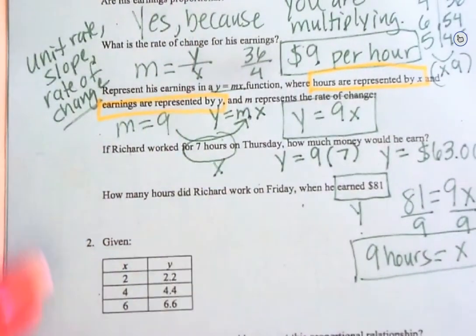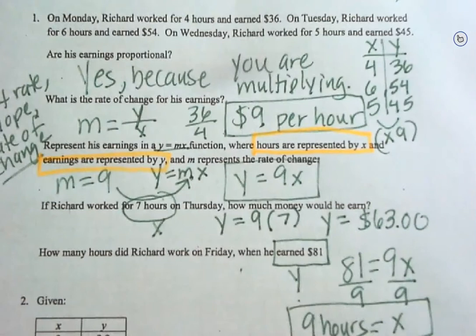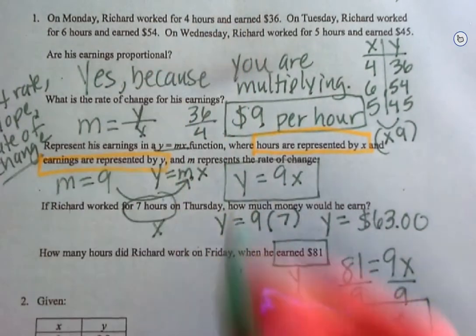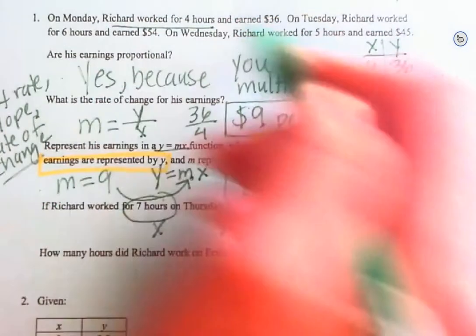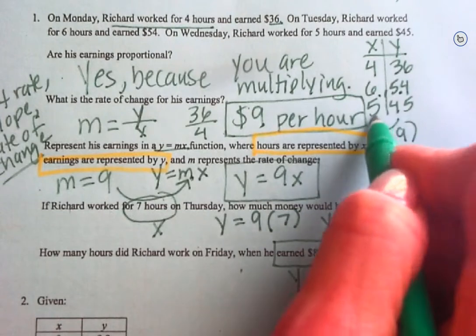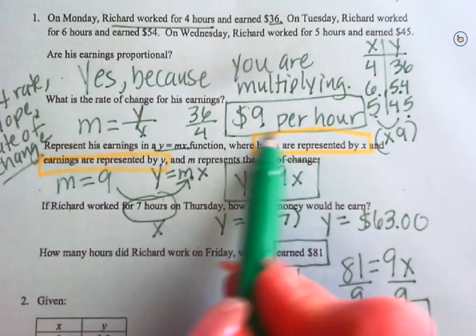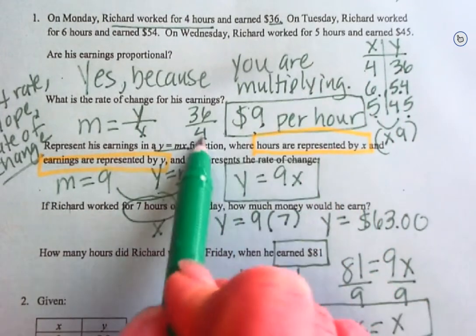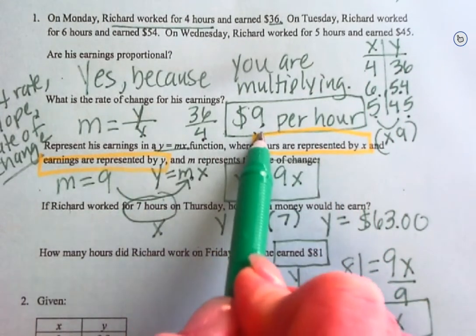The first one here, we went over in class, so if you missed class today, you can go through and look at how we found the rate of change for Richard, working 4 hours and earning $36, 6 hours earning $54, 5 hours and $45. We found the rate of change by dividing the y value, which is 36, by the x value, which is 4. That gave us $9.